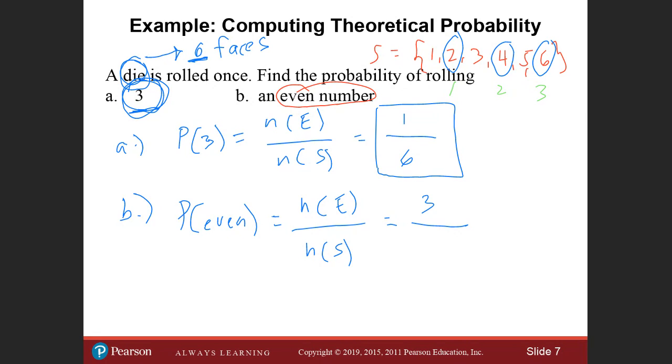So it gives you a 6 here. Reduce that, 3 over 6. You divide 3 on the top and 3 at the bottom. So you can reduce the fraction. So the answer would be 1 over 2, or 1/2. That's the probability to get an even number when you roll a die.